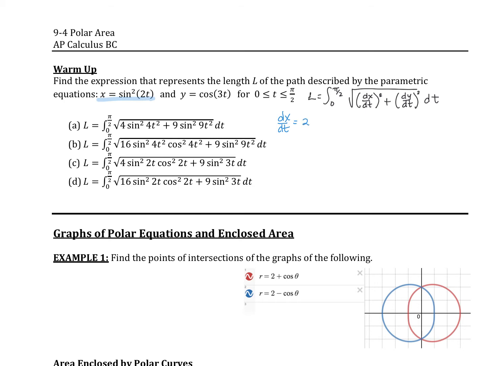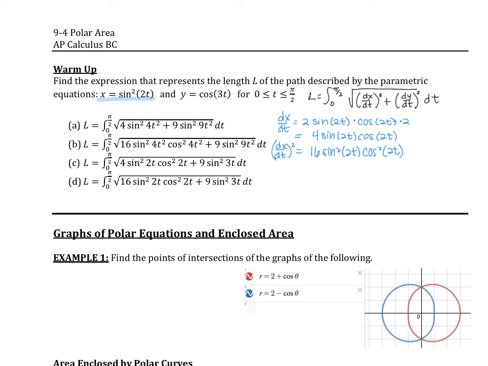So we've got the big outside function, which would be 2 times the sine of 2t times the cosine of 2t, times 2 would be dx/dt. Let's clean that up a little bit. Let's call this 4 sine of 2t cosine of 2t. And then I know I'm going to need to square this to put it into the formula. So (dx/dt) squared would be 16 sine squared of 2t cosine squared of 2t.